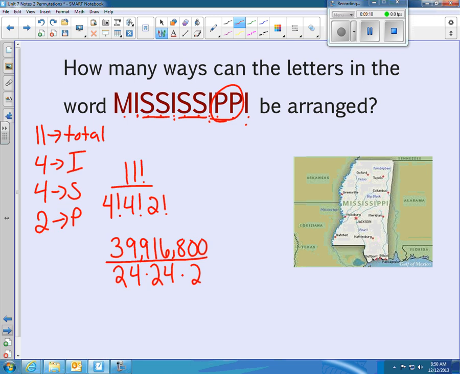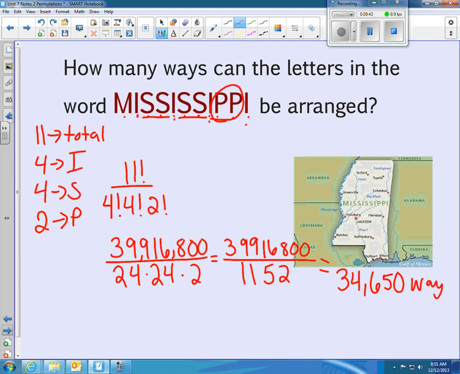And 2 factorial we know is 2. So go ahead and we're going to multiply everything on the bottom. So that's going to turn into 1,152. And the top stayed the same, 39,916,800. If we divide that, we find out that there are 34,650 ways to write out Mississippi.